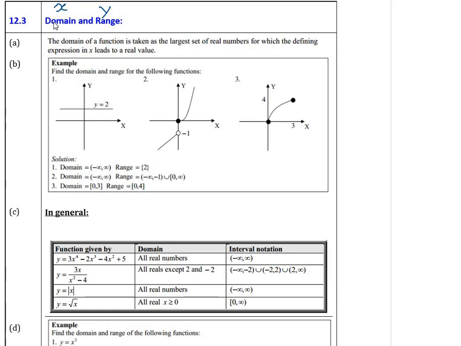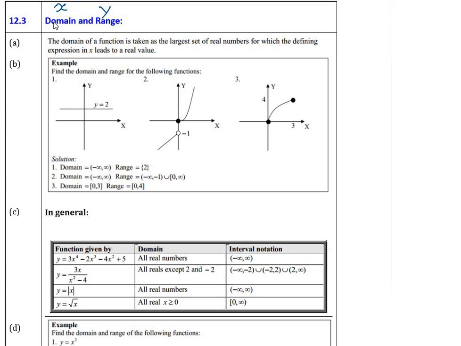Will it be possible for me to enter 0 into this function? Will it be possible for me to enter positive x coordinates into this function? And then I try to see what the restrictions are, what is not possible, and then we can find the domain that way.